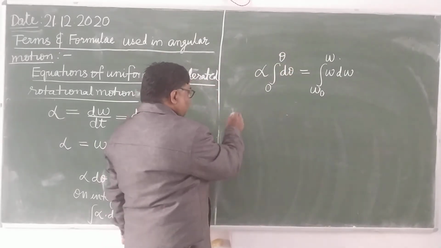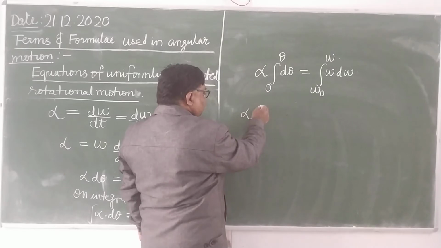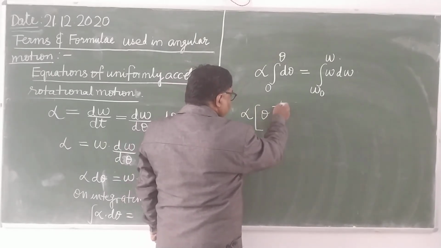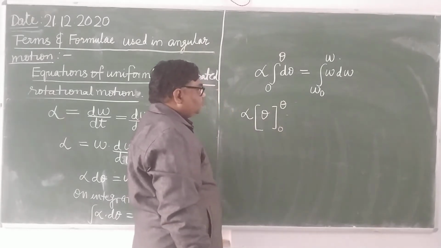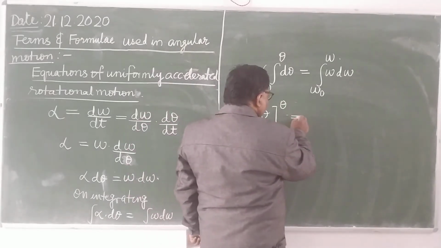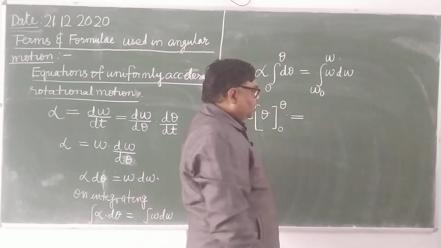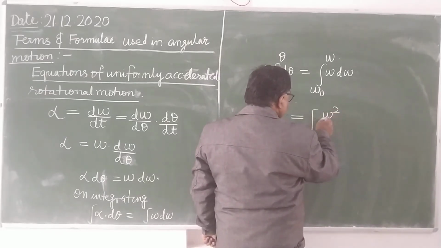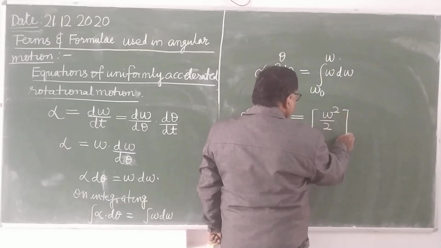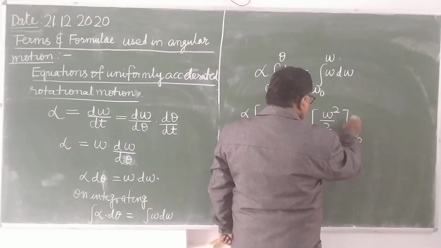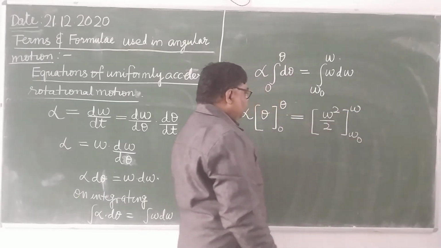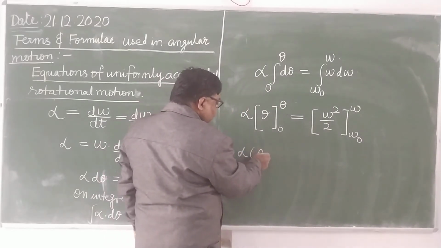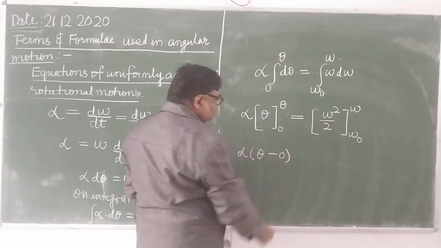So alpha, integral d theta is theta, limit 0 to theta. Here what will be integral omega d omega? It will be omega square upon 2. Limit is from where to where? Omega naught to omega. So it will be alpha, when you substitute, theta minus 0.